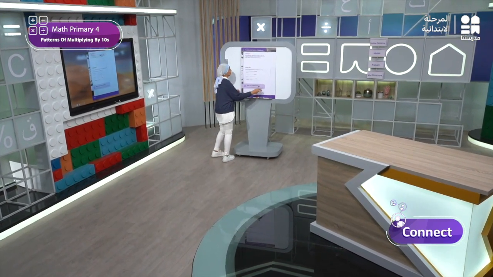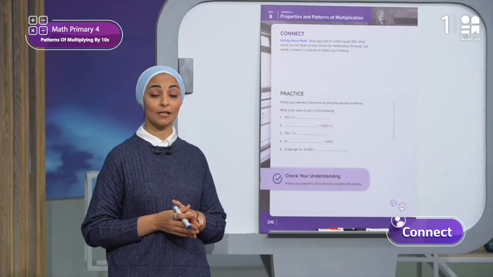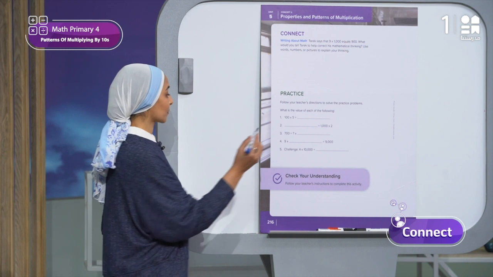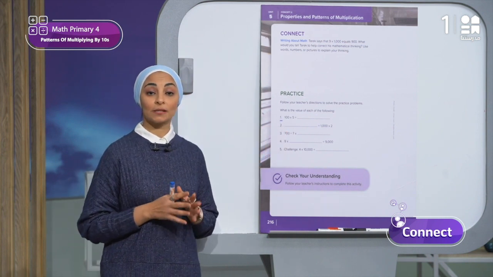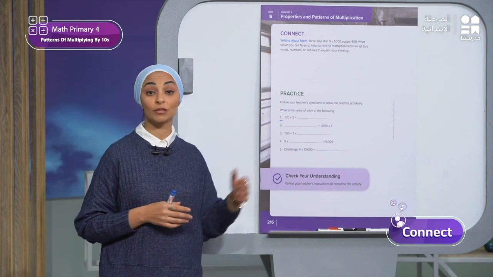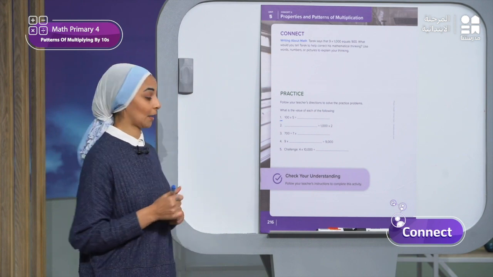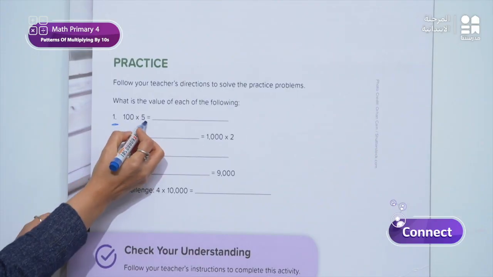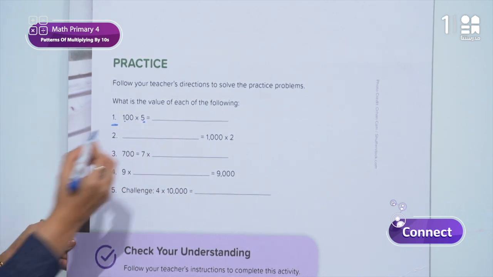Okay. Now, the practice page 216, as you see here in problem number 1. He's asking me that 100 times 5 equals what? So we will multiply 5 times 1. 5 times 1 equals 5, right?